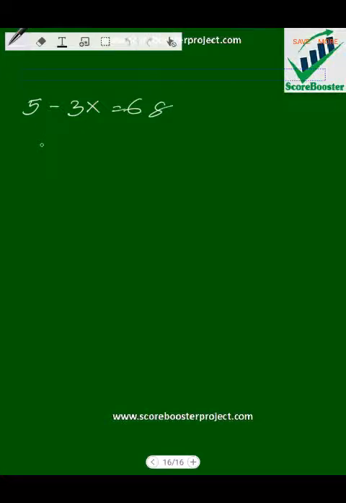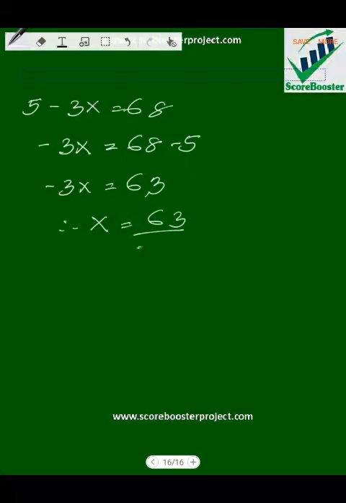So I'm gonna have minus 3x is equals to 68 minus 5. Okay, and that is 63. Therefore, my x is equals to 63 over minus 3. 3 here 1, 3 here 21. Right? So my x is gonna be minus 21. And that is my final answer.